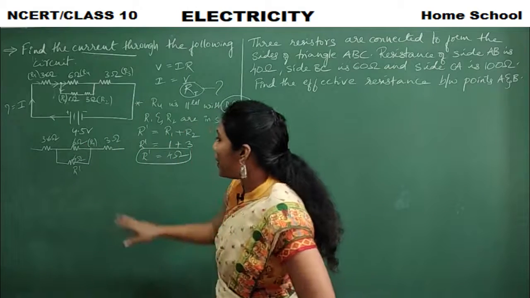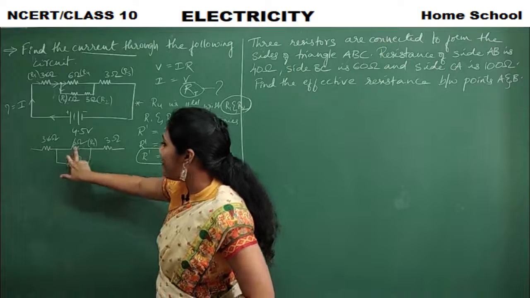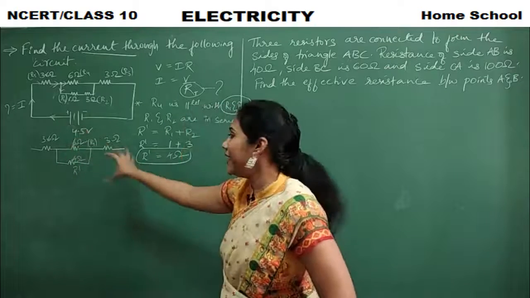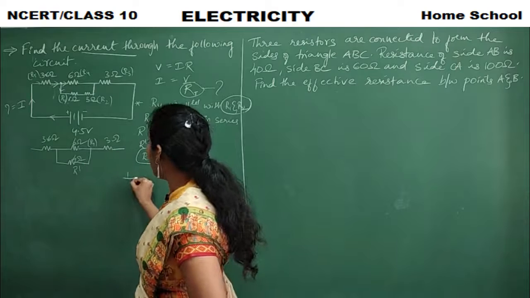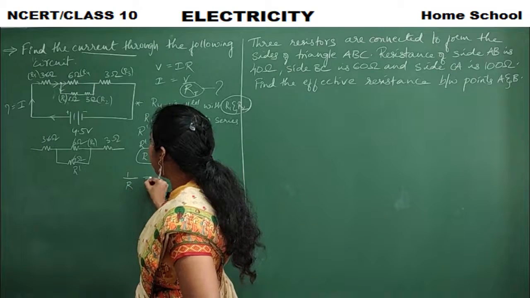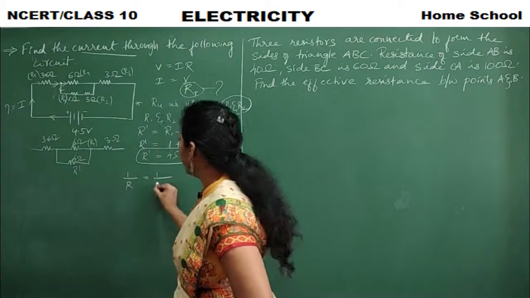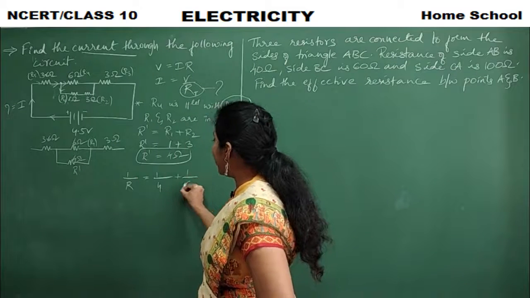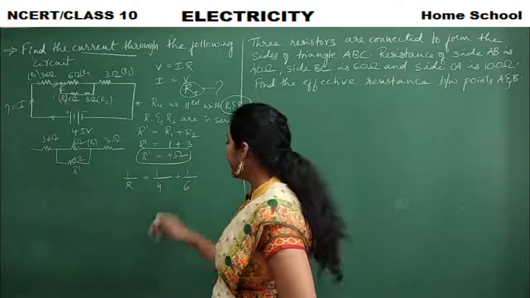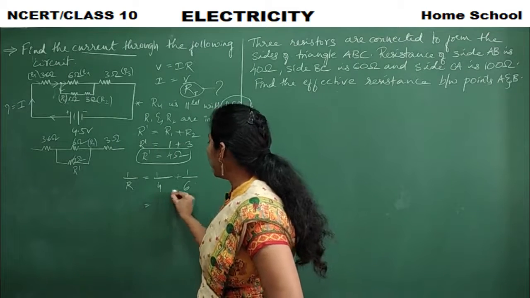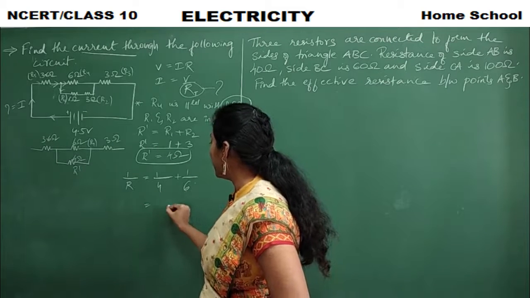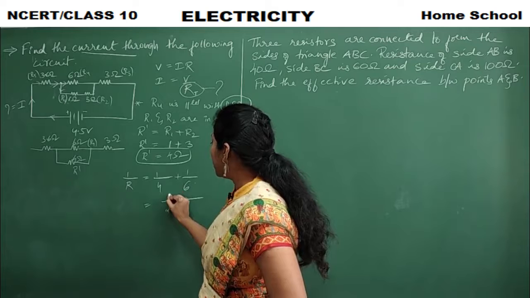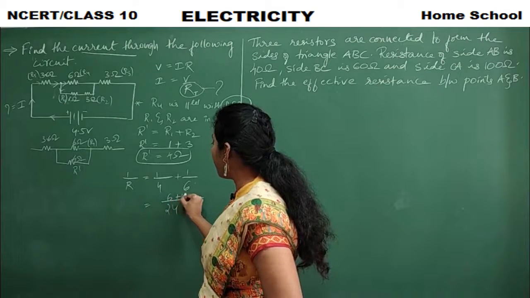Okay, so first you have to find out this, and this is parallel, no? So find the parallel resistance here. So how do you find the parallel resistance here? 1 by R is equal to 1 by 4 plus 1 by 6, right? Okay, fine. So what do you get here? What is the LCM? Let me take 6 4s are 24. And here it would be 6 plus 4.